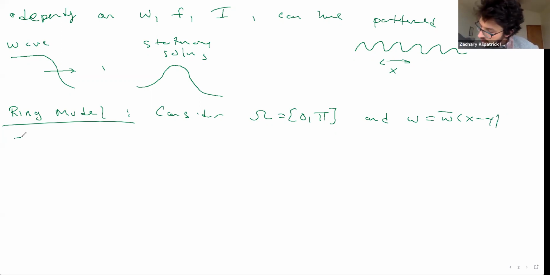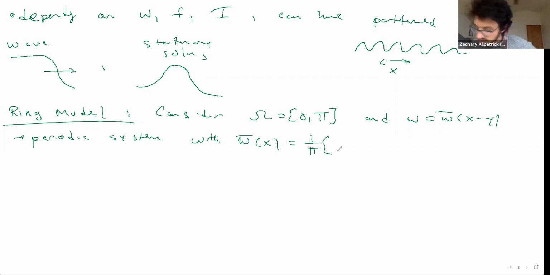We assume that we have a periodic system, with the following weight kernel, W bar. Because I can just write it like this, I can write it as a single argument.